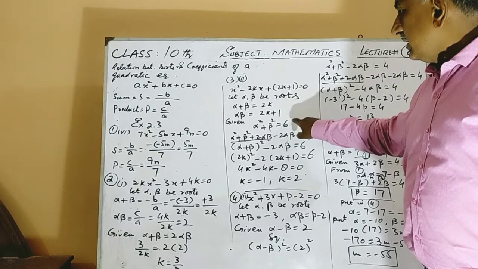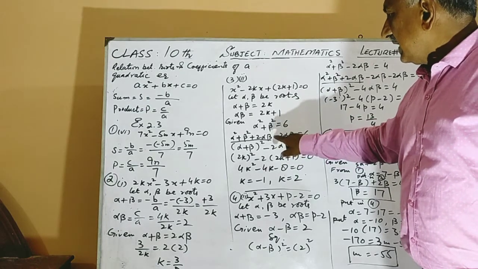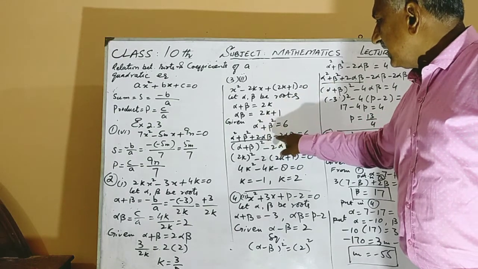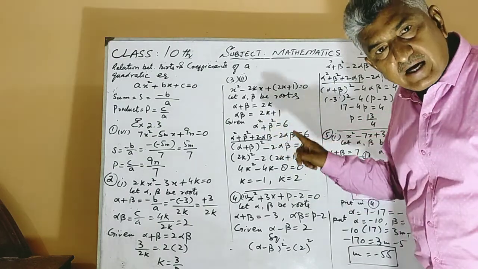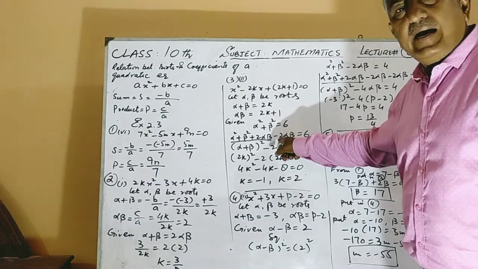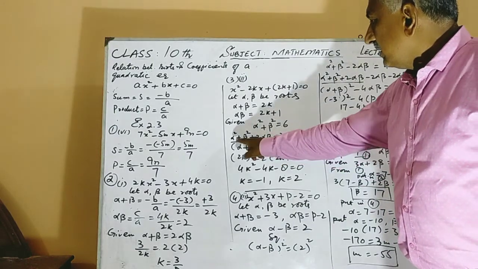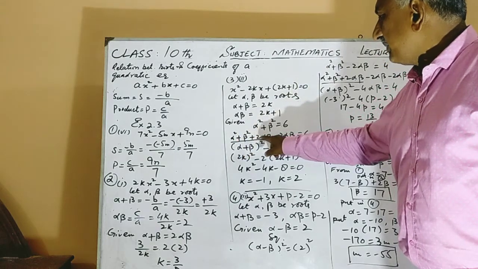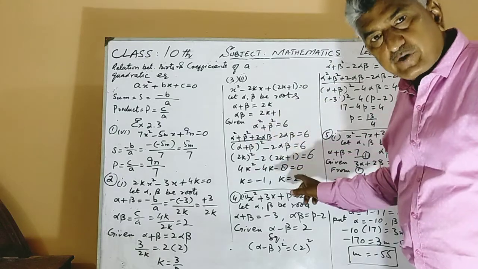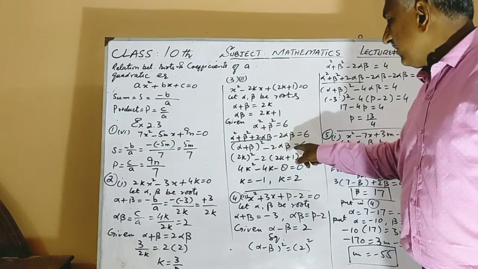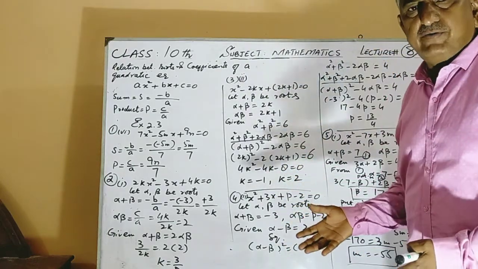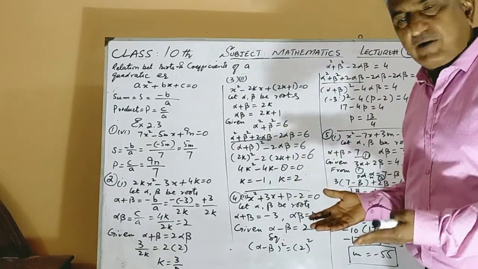Now we are using a technique, that is, we are adding 2 alpha beta and subtracting 2 alpha beta in the same expression. Alpha square plus beta square plus 2 alpha beta minus 2 alpha beta is equal to alpha plus beta whole square minus 2 alpha beta, which is equal to 6, and again we put the values of alpha plus beta and alpha beta.